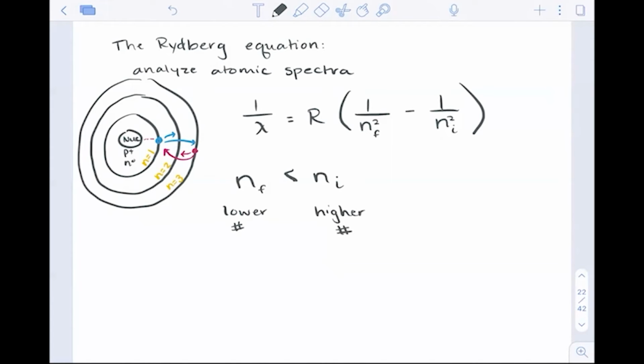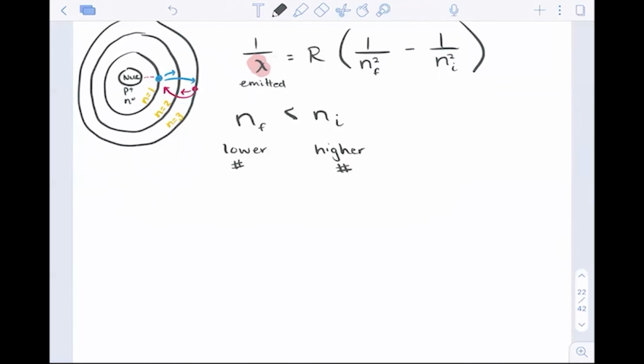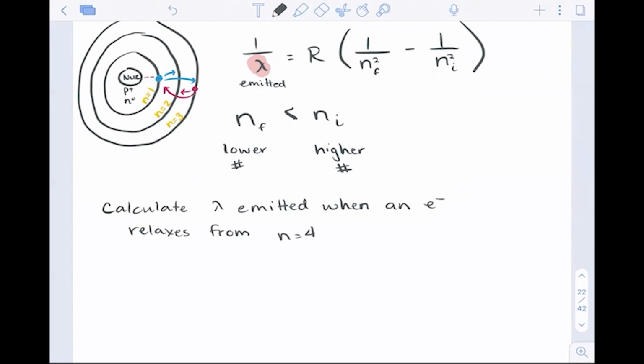We are going to be calculating the wavelength emitted. So we are looking at the process of relaxing electrons. Let's imagine that we can calculate the lambda emitted when an electron relaxes from the n equals 4 to n equals 2 orbitals.